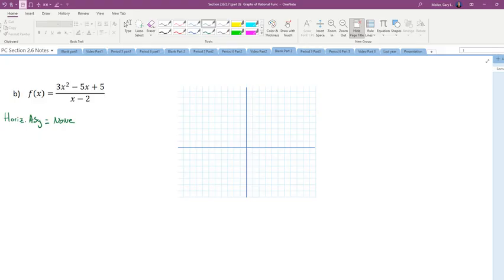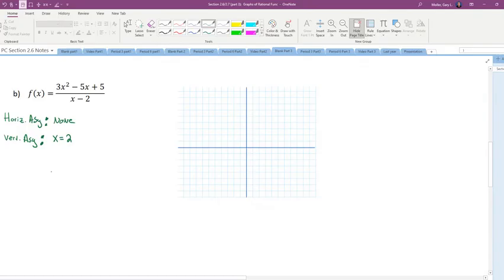All right, so we are definitely short of information on this problem. One thing I do know is I have a vertical asymptote at x equals 2, and I know it's not a hole because there's no factor on top to cancel out that x minus 2.